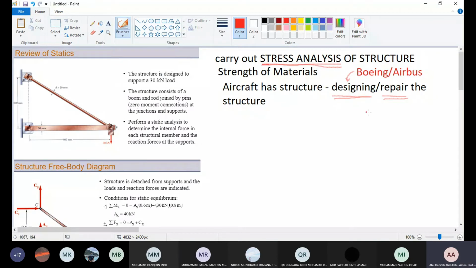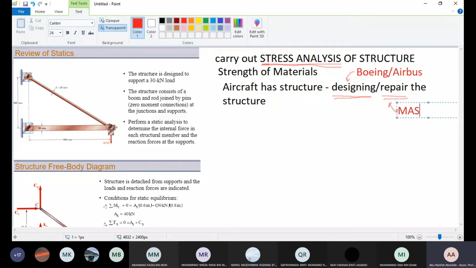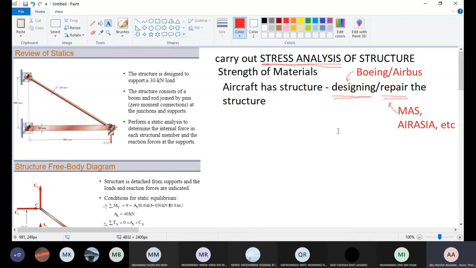If you work for the airlines, such as MAS, Asia, and the rest, you will be doing the repair.